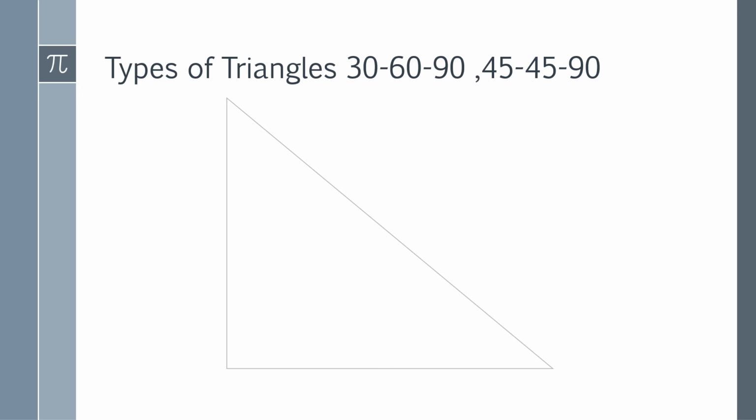So let's get started with a 30, 60 triangle. So when you're working with these triangles, you always take the opposite leg. That's just the opposite leg, right?